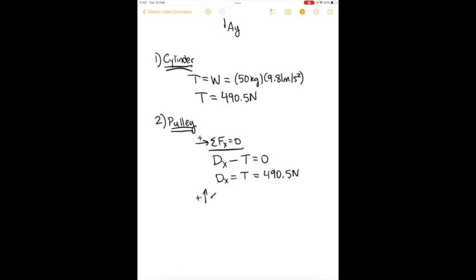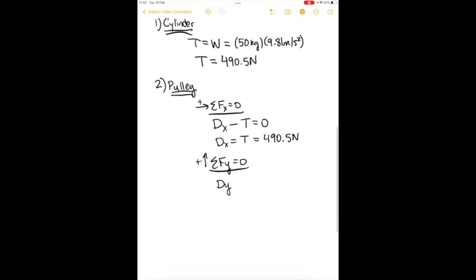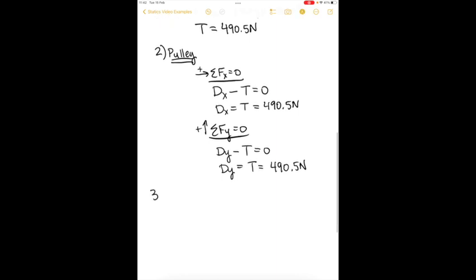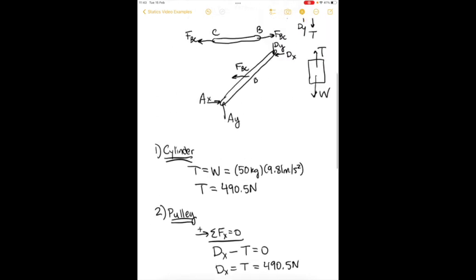We can now solve in the y direction. Same thing. dy is also equal to the tension. Next we'll move on to member AD. Member AD has several forces on it, but we've already solved for dx and dy.